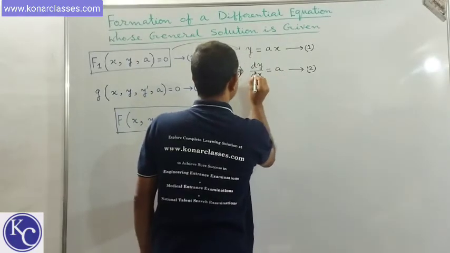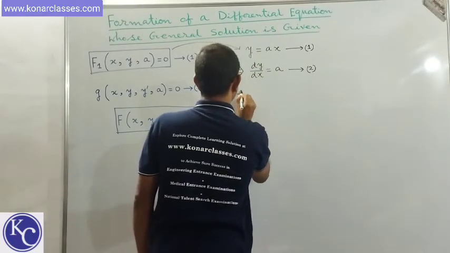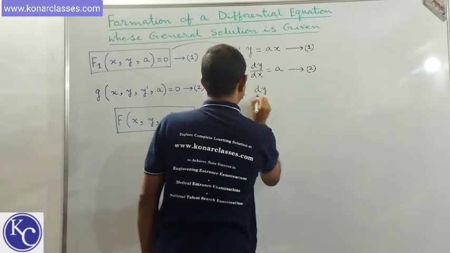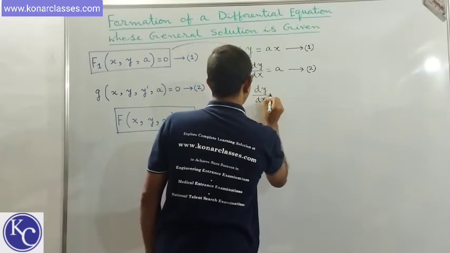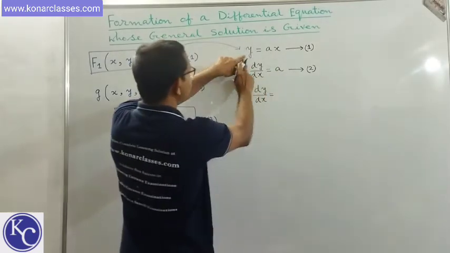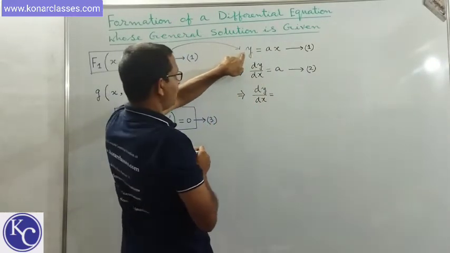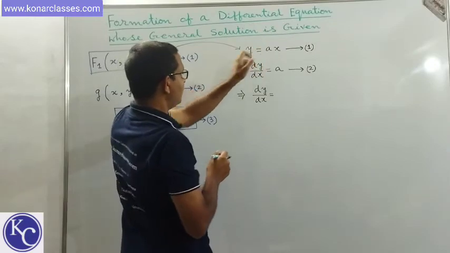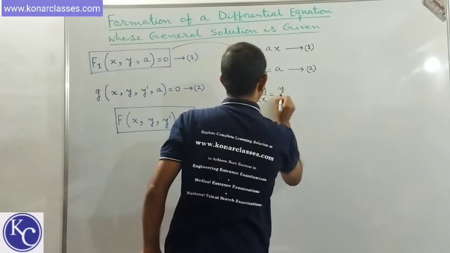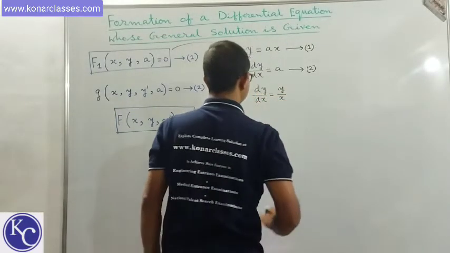So from equation 2, we can write dy/dx is equal to a. What is a? a is nothing but y by x, from equation 1. y equal to ax, so a equal to y by x. So instead of a we can write y by x.